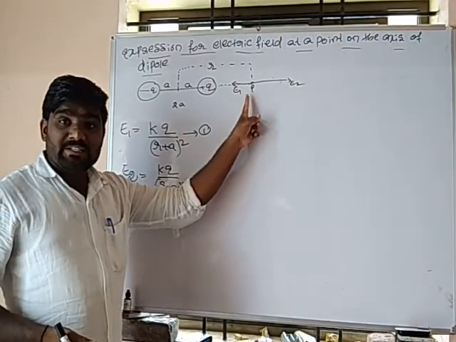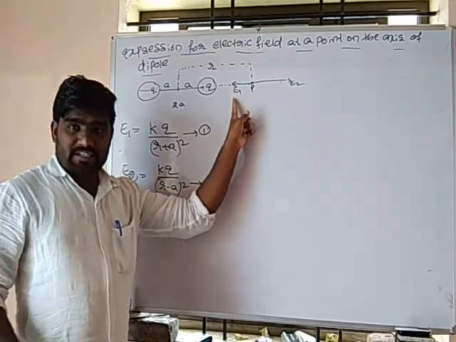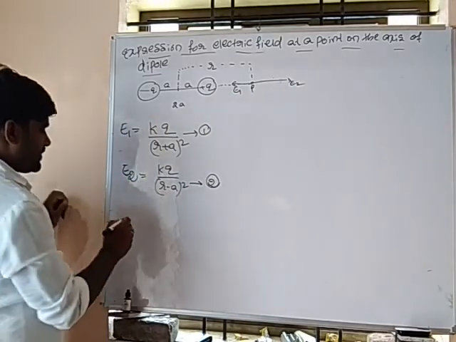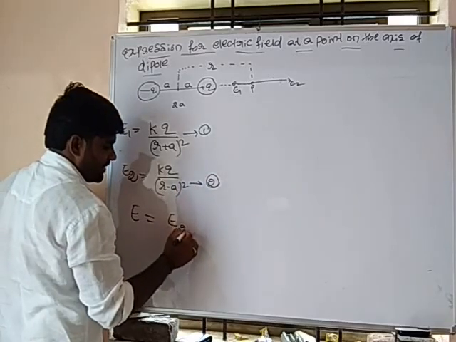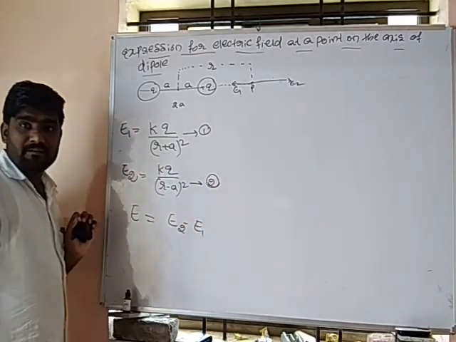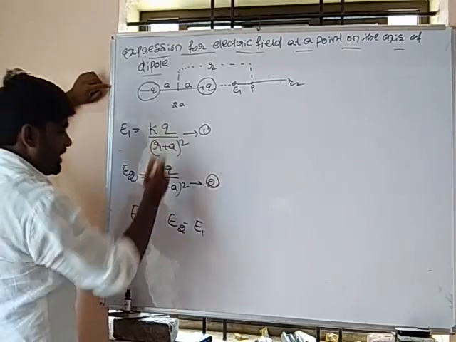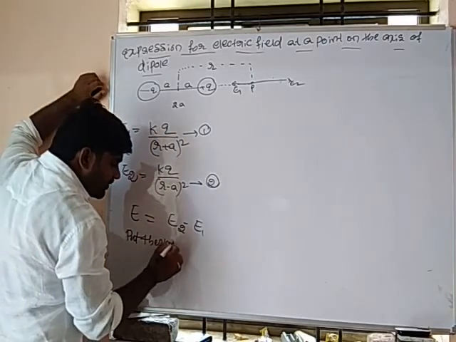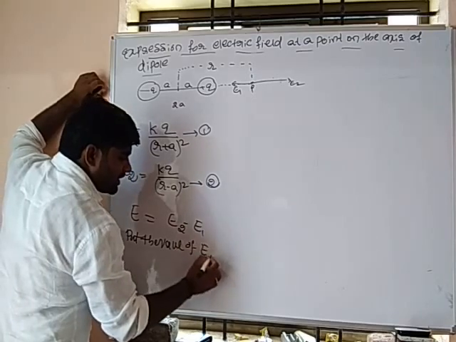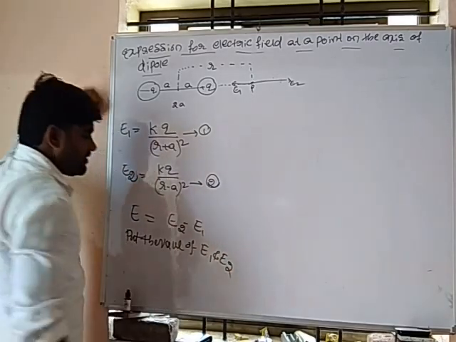So E at this point will be E2 minus E1. So E is equal to E2 minus E1. Put the values of E1 and E2. Just put them.